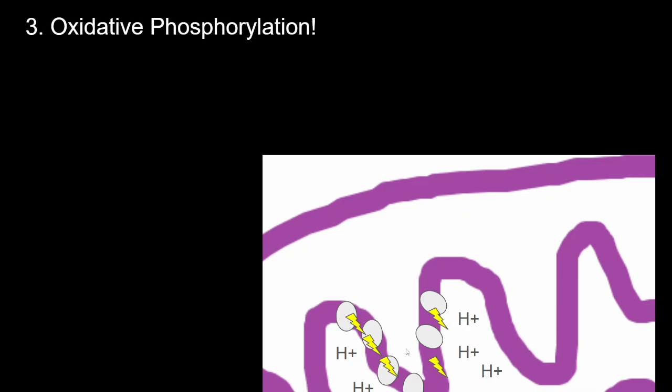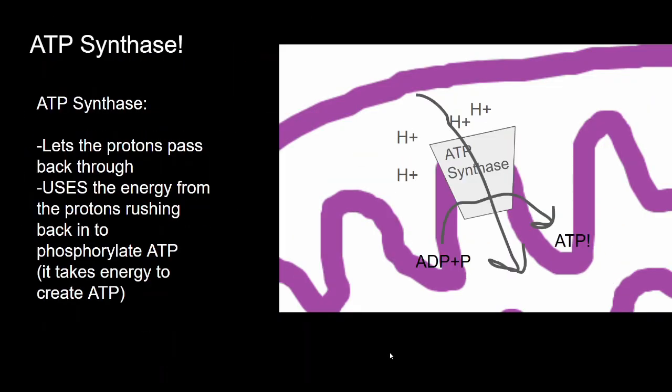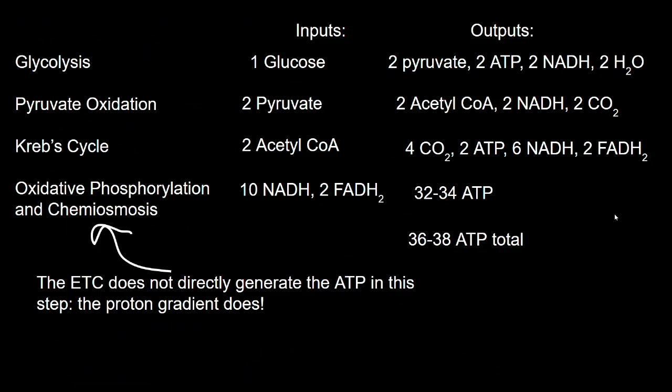This is not the energy that gets used. What the electron transport chain does is create a proton gradient, which then transfers its energy over to the generating of ATP. So the correct answer is actually the electron transport chain does not generate ATP, and it is the proton gradient that generates ATP.